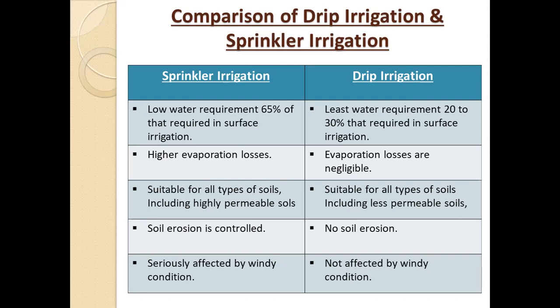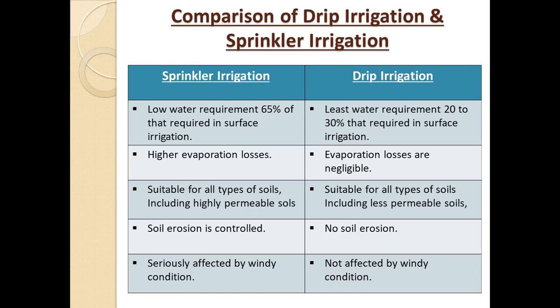In drip irrigation, evaporation losses are negligible. Sprinkler is suitable for all types of soils, including highly permeable soils, whereas drip irrigation is suitable for all types of soils, including less permeable soil. Soil erosion is controlled in sprinkler irrigation, and there is no soil erosion in drip irrigation.